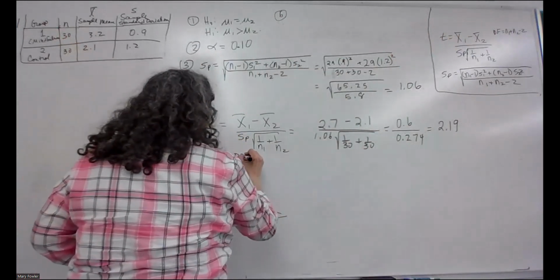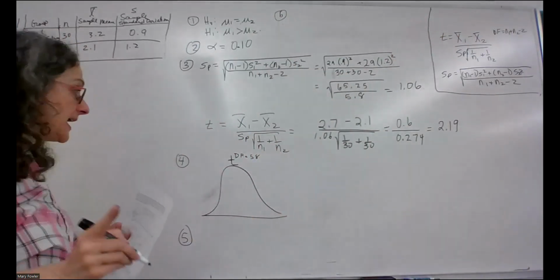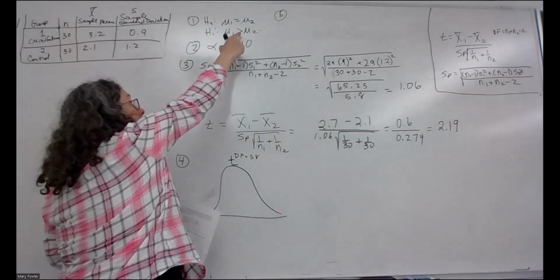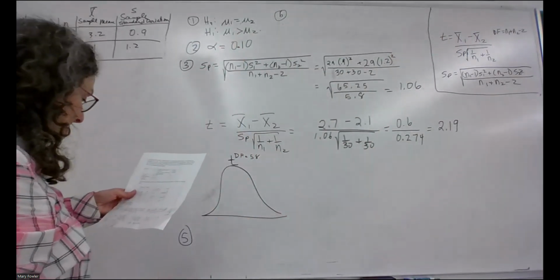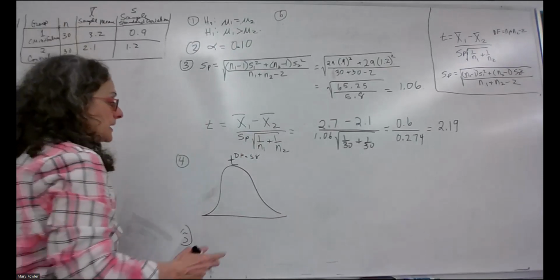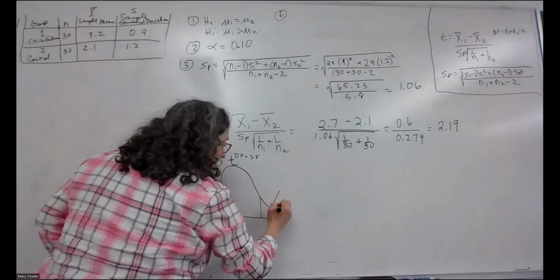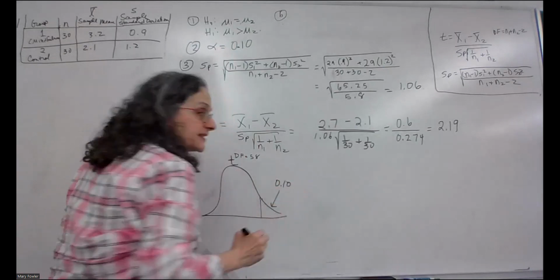So my degrees of freedom are 58. And we are one-tailed, right? So mu1 greater than mu2, it is a right tail test. So alpha is 0.1 or 10%.